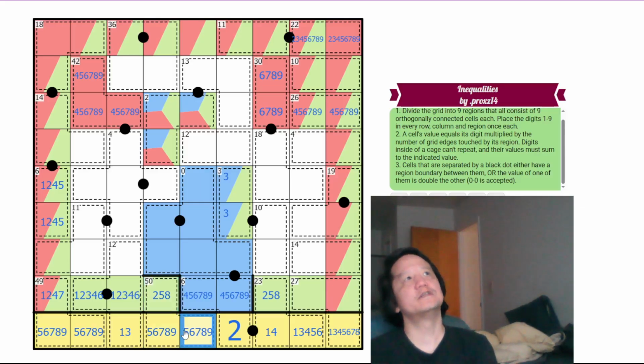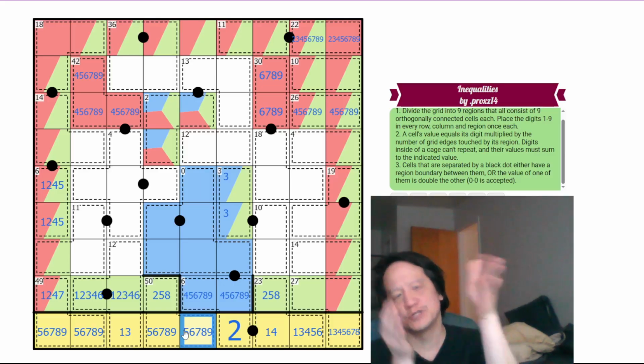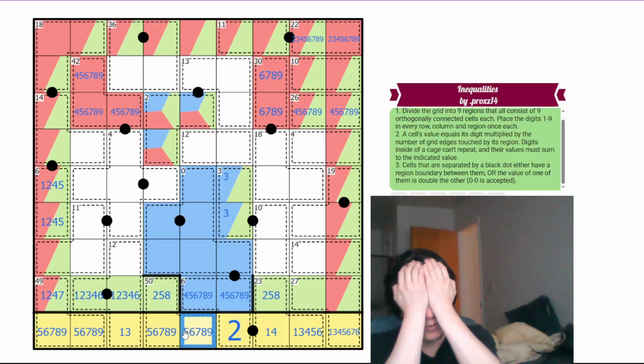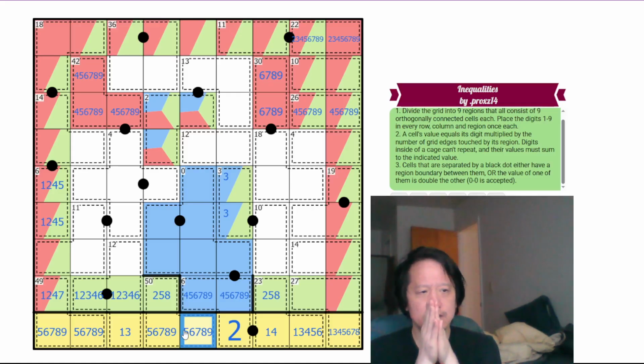So 5, 9, and can it be both 14? Yes. So if one is 16, the other one has to be 14. You could have both 14s there. So 5, 9, and 6, 8 could work. You cannot have 15. Can you have 14, 15? Yes. 5, 9, and 7, 8 also work.